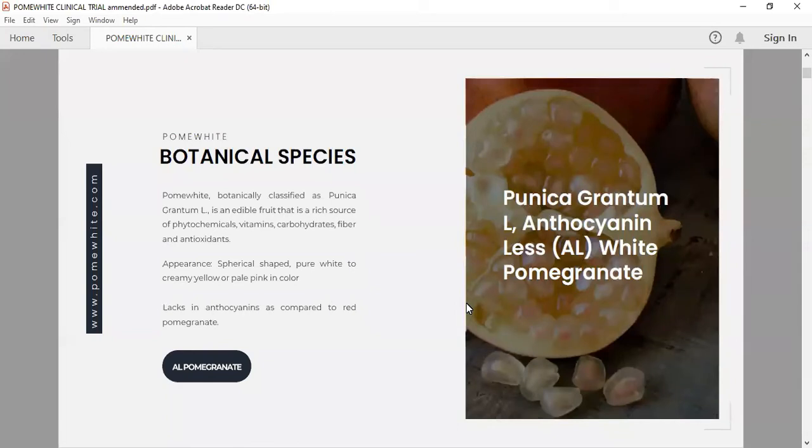Similarly, there is some vitamin content, and the most important is the prebiotic content. The prebiotic content, which is basically a sugar-like carbohydrate, mainly the fiber content, is very, very high in anthocyanin-less pomegranate as compared to the red variety.